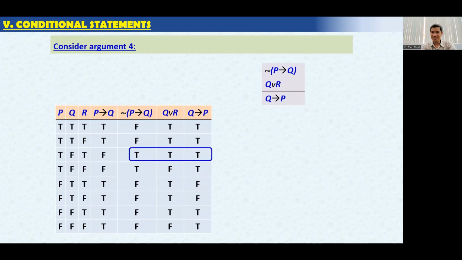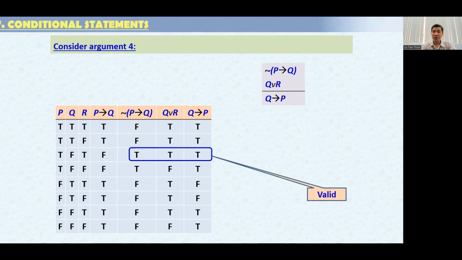And when you have the values ready with the premises and the conclusion, you can analyze, look, and decide. We have just one single case when both of the premises are true, and the conclusion is also true.